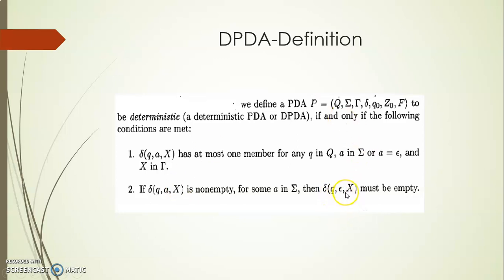But here we say that from a state Q, without scanning any input symbol, if the top of the stack is X, the automaton performs some operations. But we do not know whether the automaton went to that state by scanning the input symbol A or without scanning the input symbol A.